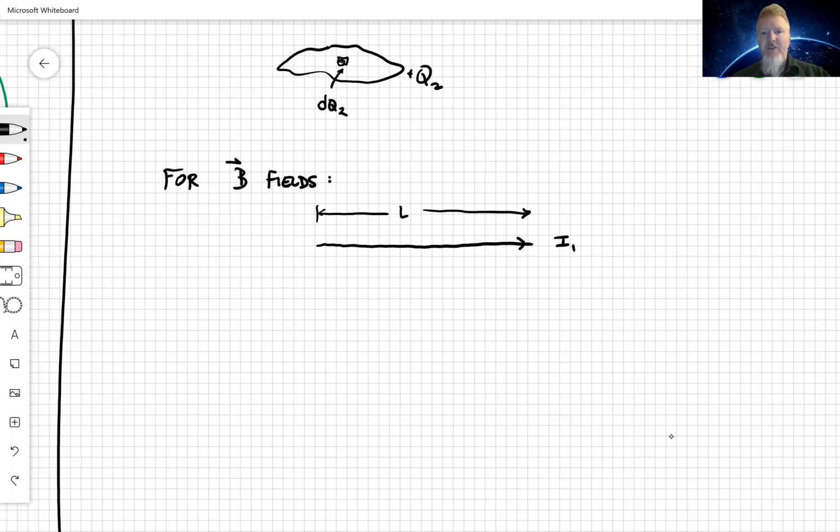Okay. And so there we go. On I1, there's a force because next to I1, okay, here's a current I2. All right. So now what we have is we're going to have a force on I1 due to I2. So we're going to take a small little piece of I2, which is, say, this piece right here.